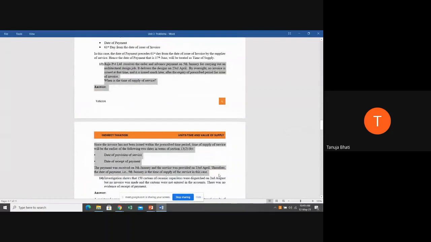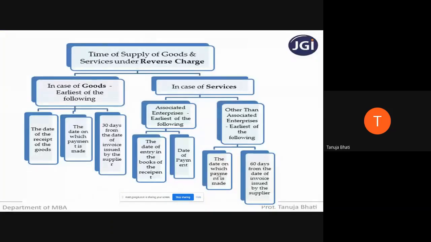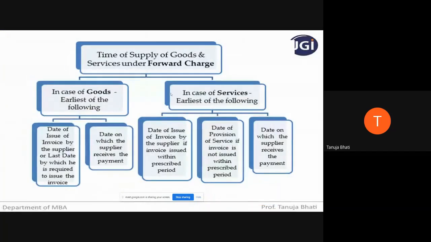I'll just show you which particular provisions we applied. So students, we applied time of supply of services under forward charge. Just look into your right hand side. In case of services, you have to apply this particular clause A only if the invoice is issued within the prescribed period.